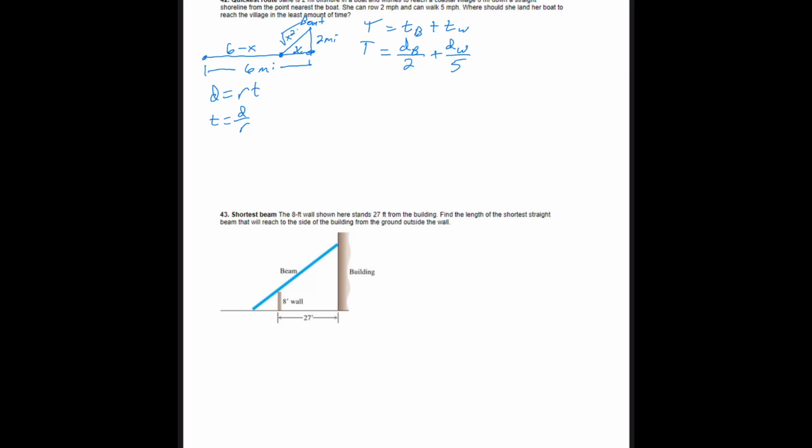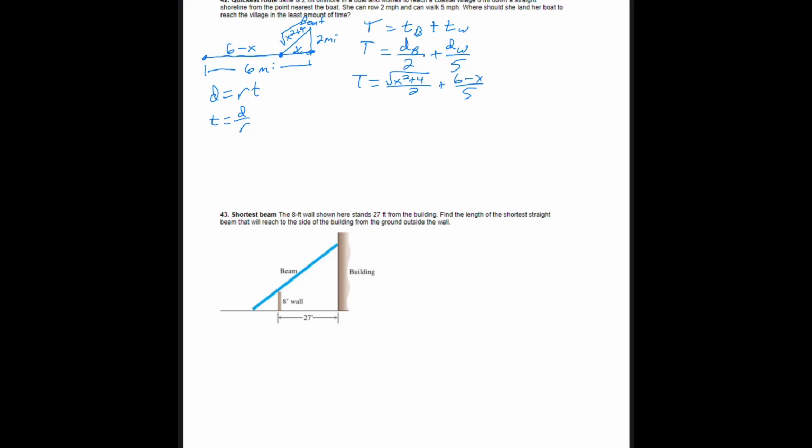Then the distance she walks will be 6 minus whatever that part she didn't walk is. And the distance she rowed, I could use the Pythagorean theorem, is going to be the square root of x squared plus 2 squared.